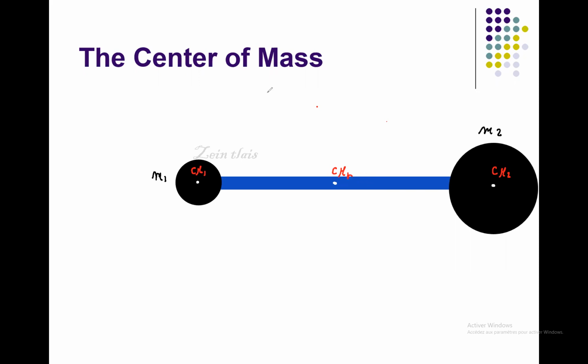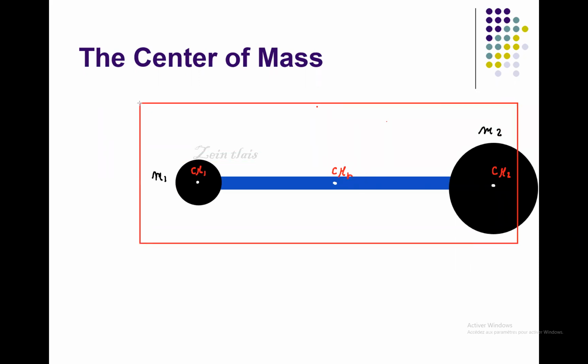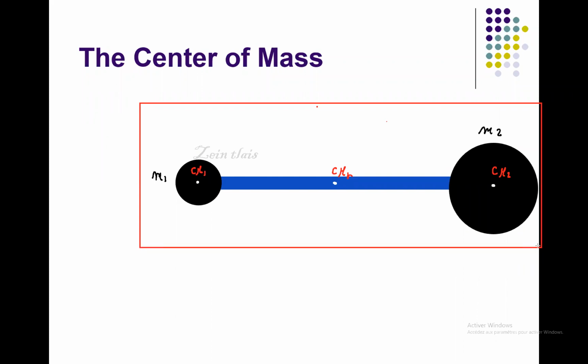Okay, if we have this object, the total object, how can we find the center of mass of all this object? We need to calculate its value, exactly the position of this center of mass.